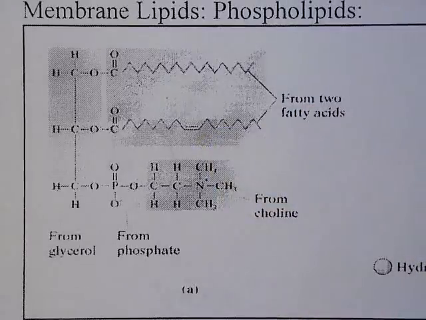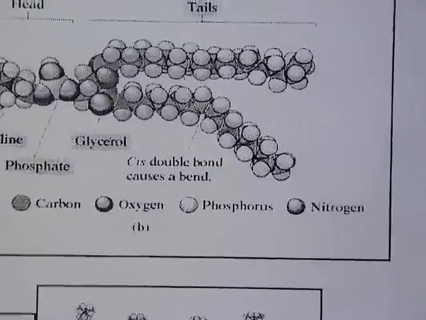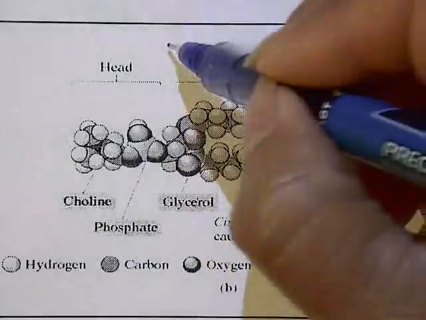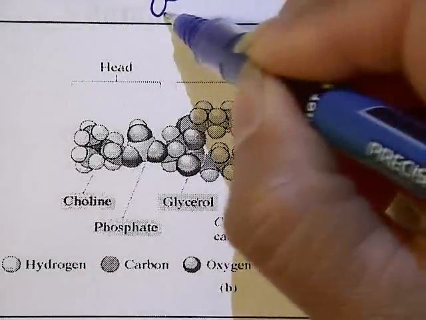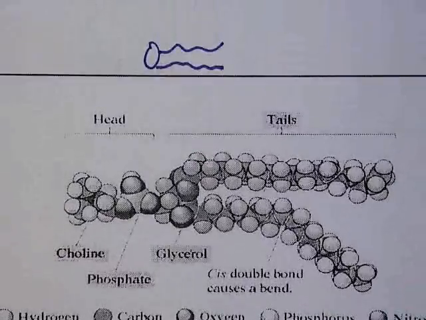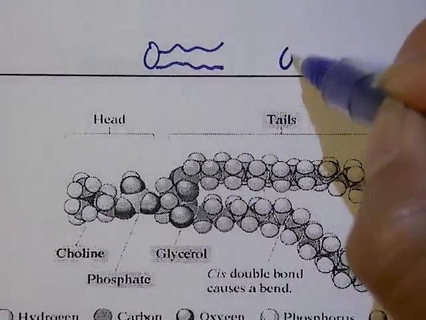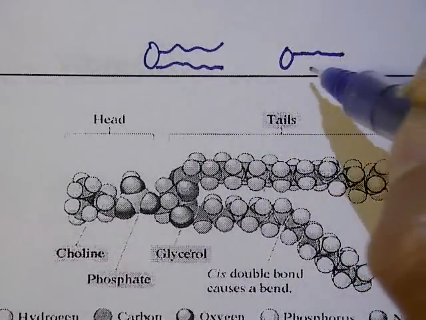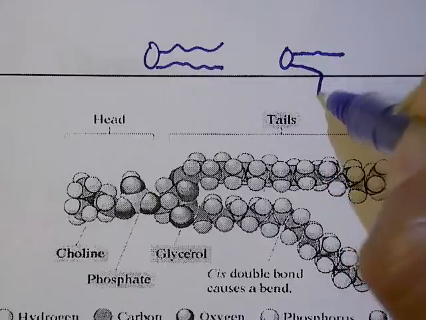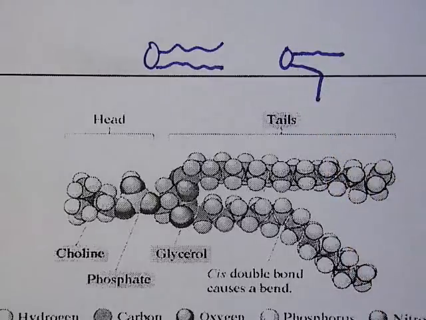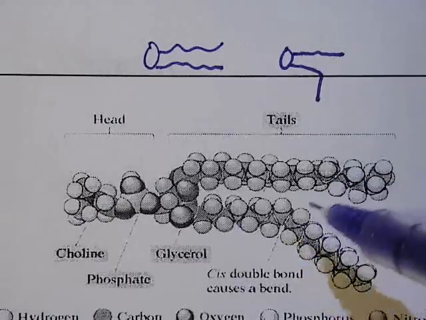Even though we abbreviate these as a circle and two long tails, what's more accurate is one long tail that's somewhat straight and one tail that's bent, because one of them has a cis double bond.